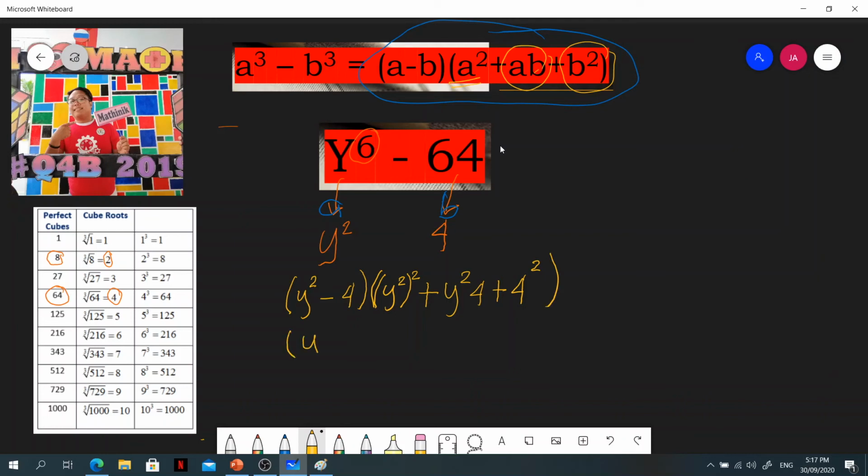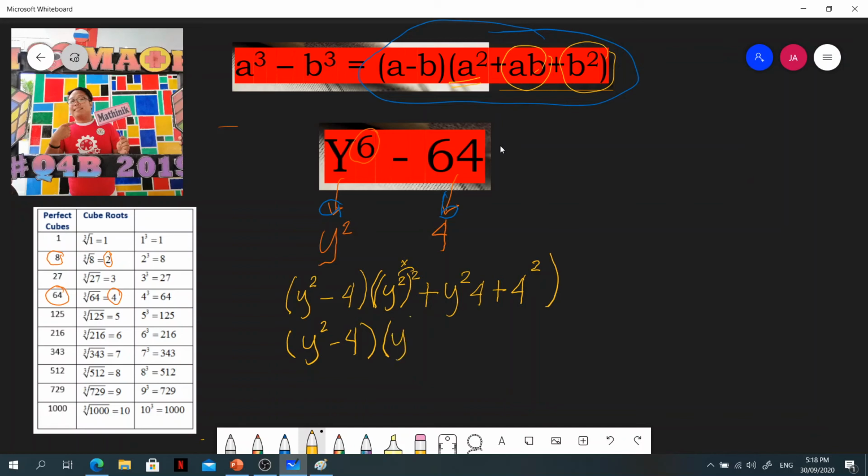Simplify natin. Y squared minus 4. Y squared times squared. 'Di ba? Pag ganito yung itsura, ang exponent ay nilagay sa isa pang exponent, ang gagawin natin is we only multiply them. 'Di ba? So 2 times 2.